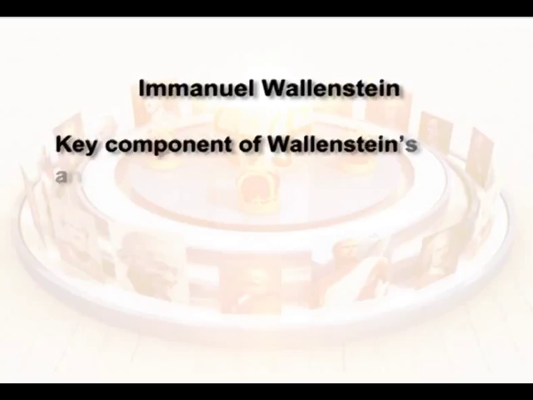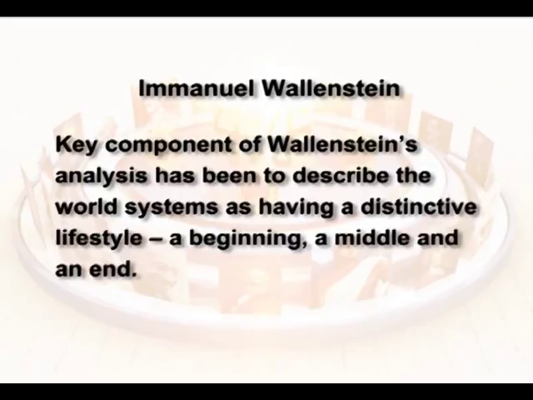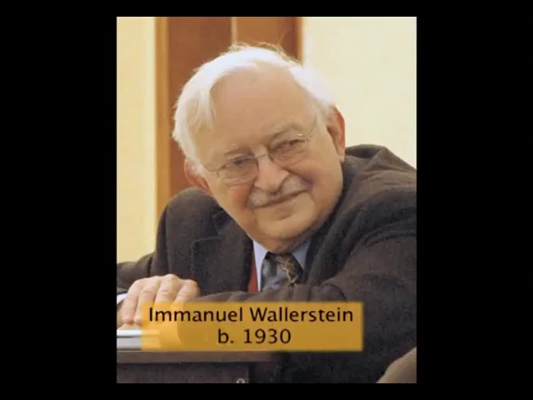A key component of Wallerstein's analysis has been to describe the world system as having a distinctive life cycle: a beginning, a middle, and an end. In this sense, the capitalist world system is no different from any other system that has preceded it.